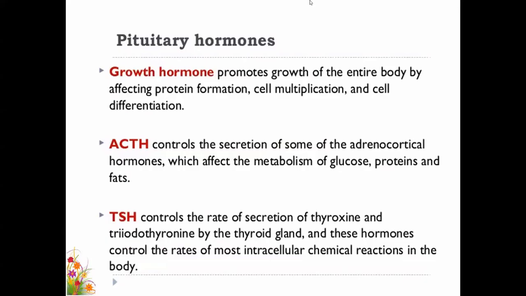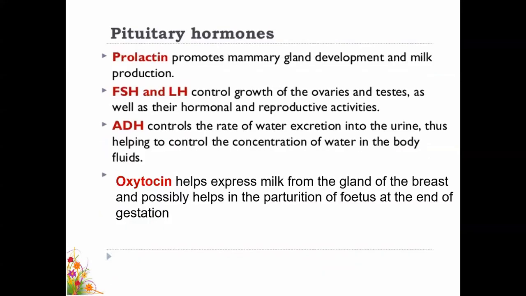And also these hormones can control the rate of most intracellular chemical reactions in the body. These are the functions of the pituitary hormones which can come for your mid-examination, right? So prolactin helps in mammary gland development and milk production. FSH, okay, can anyone tell what is the expanded form of FSH?